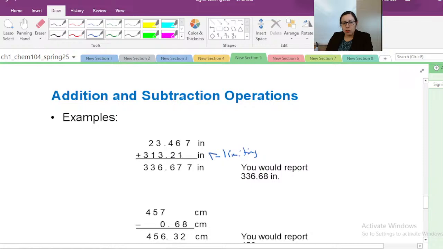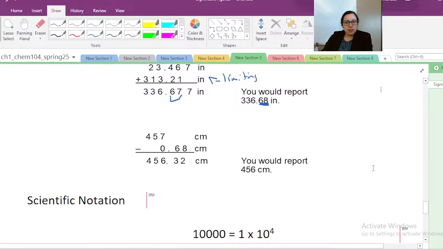But again, we can only report to 2 after, so that's how they rounded to 336.68 there. So just watch that on your volume. Don't just drop digits either. If it's 6.0, leave it in there.